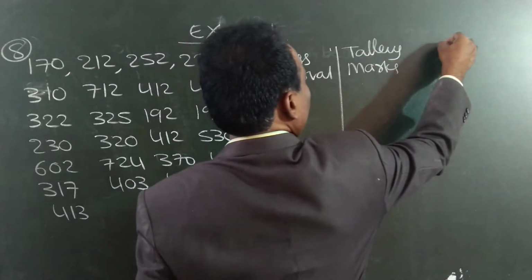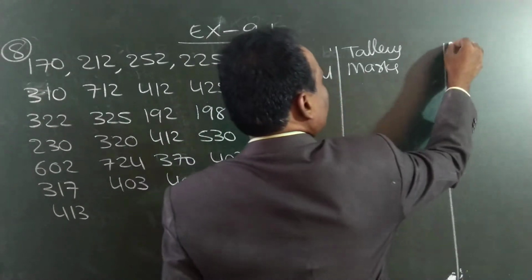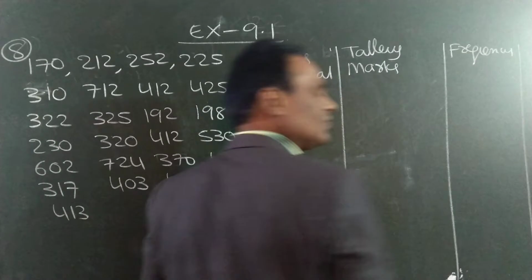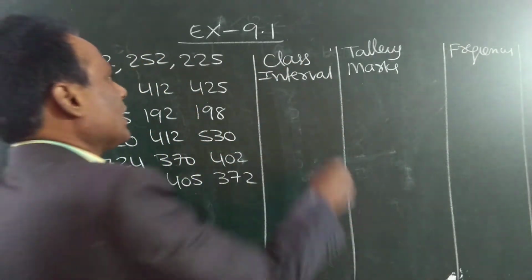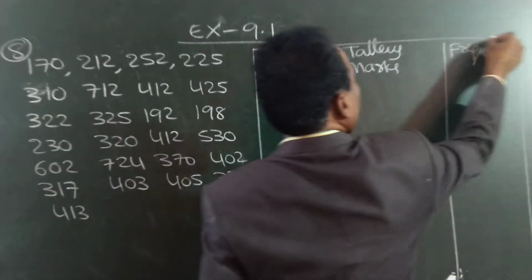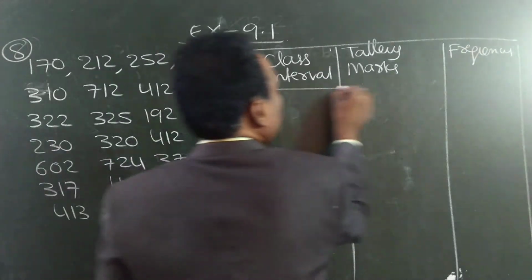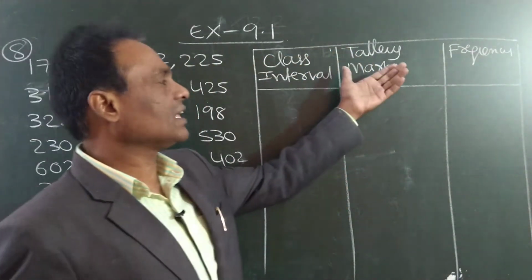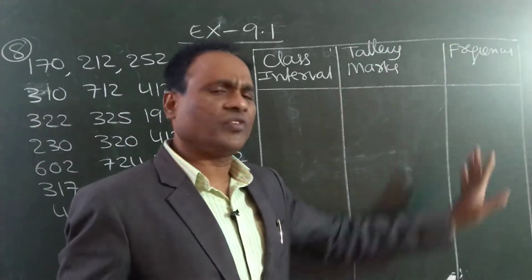After that, frequency. To prepare the frequency distribution table, we require these 3 values: class intervals, tally marks, and frequency.